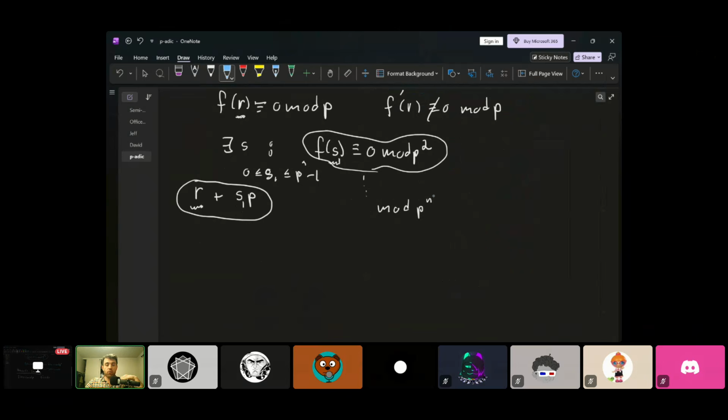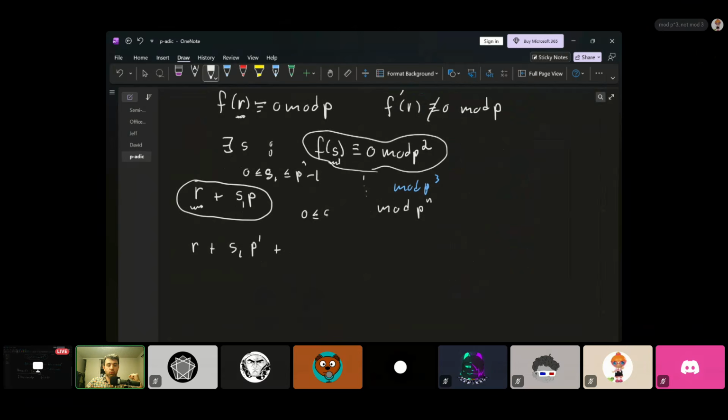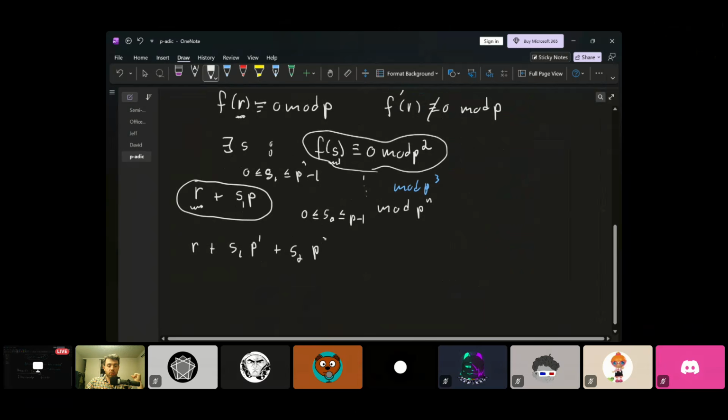And in a similar way, once you want to go up and build a root mod p cubed, again it's going to start off with R and S1 p to the 1, and again it's going to tell you explicitly how to choose some S2 between 0 and p minus 1, such that this term is going to be your root.